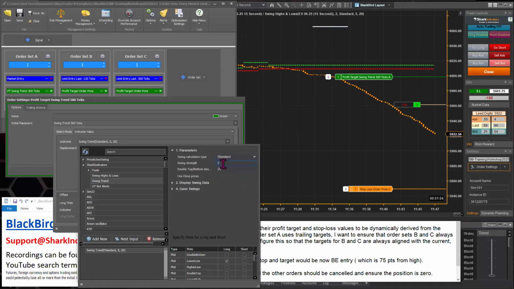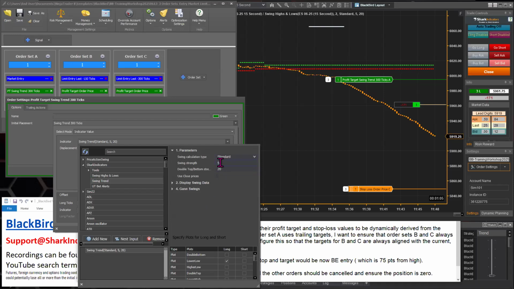And again, depending on the bar sizes and more or less your trading methodology, you will probably want to adjust the swing strength here and find whatever setting you like best to find that recent high and low point.